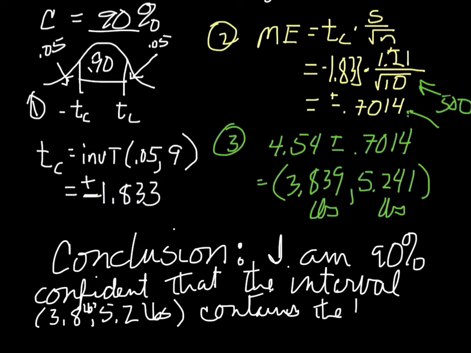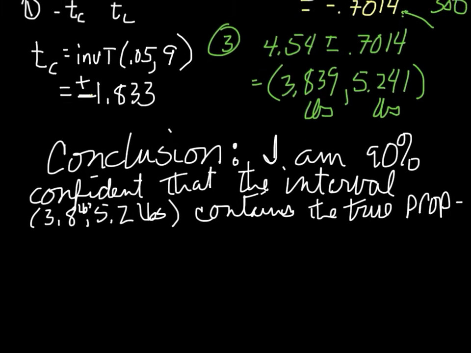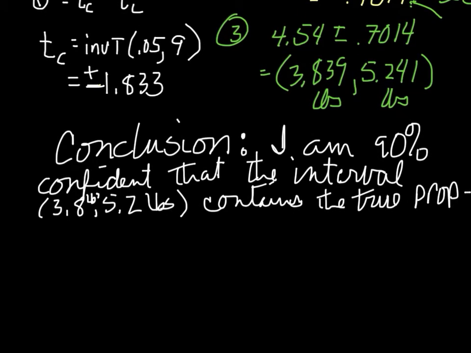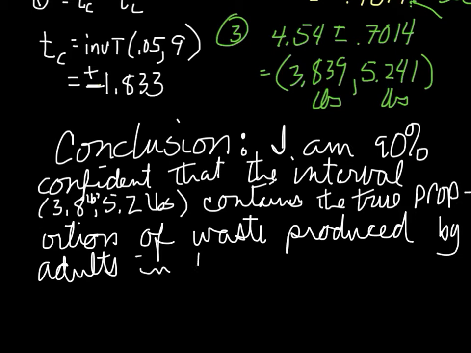Each of those would have the label that the interval contains the true proportion of waste produced by adults in the population.